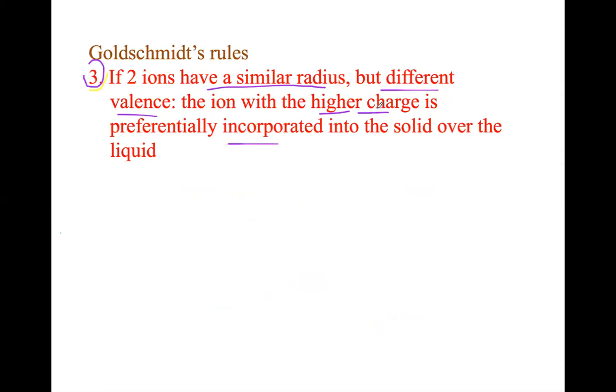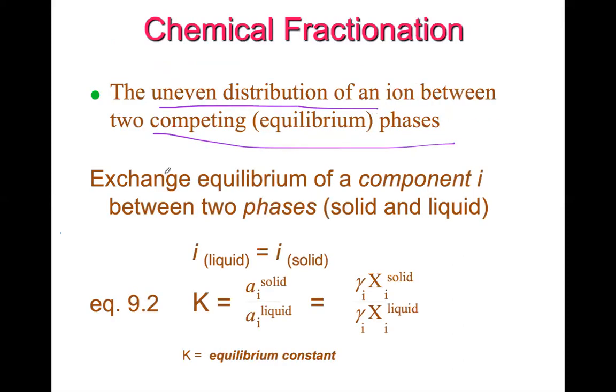For example, if you even consider these three rules, you can understand that whenever there are competing phases, the atomic size and valency all matter for their partitioning. Okay, right. So when we consider the exchange of a component I, for example an element I, in the liquid phase and the solid phase, the exchange equilibrium of component I between two phases should be explained in an equation like that, right?